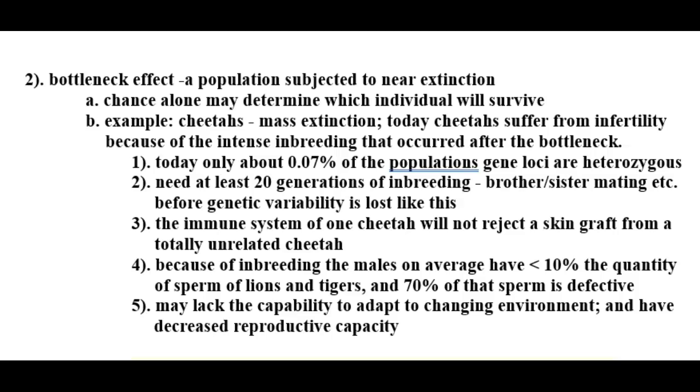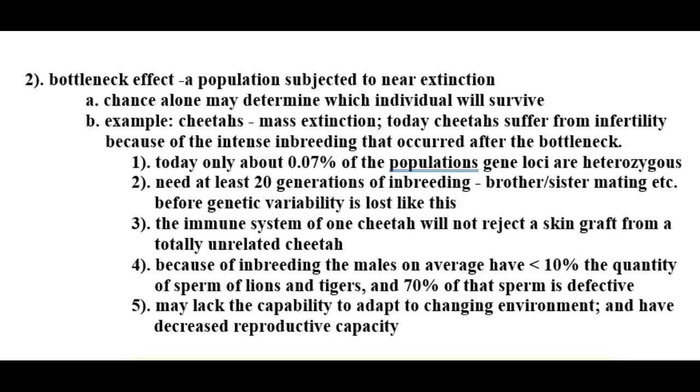Only the few that remained had to interbreed. Because of that, only about 0.07% of the population's gene loci are heterozygous, and it takes at least 20 generations of inbreeding for that to happen. So a lot of genetic variation is gone.